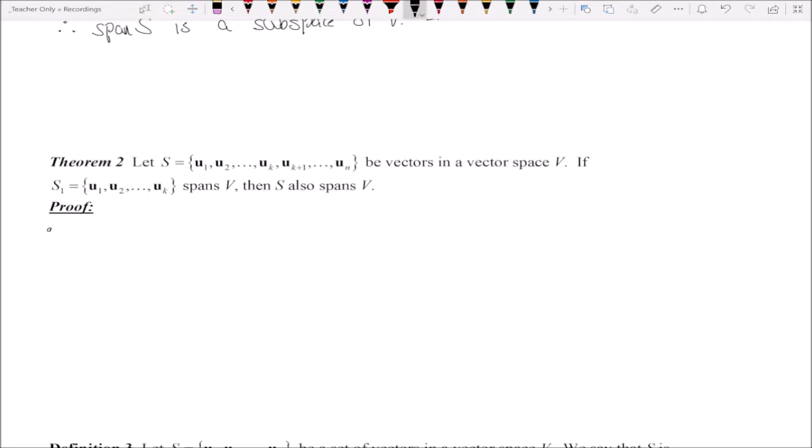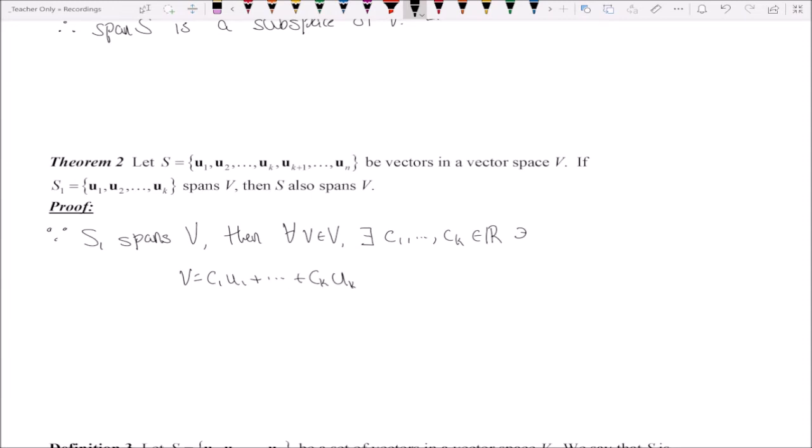Now, since S1 spans V, then for any vector V in V, there exist constants C1 up through CK, right? Such that V is equal to C1U1 plus so on and so forth, plus CK UK. It's a linear combination.